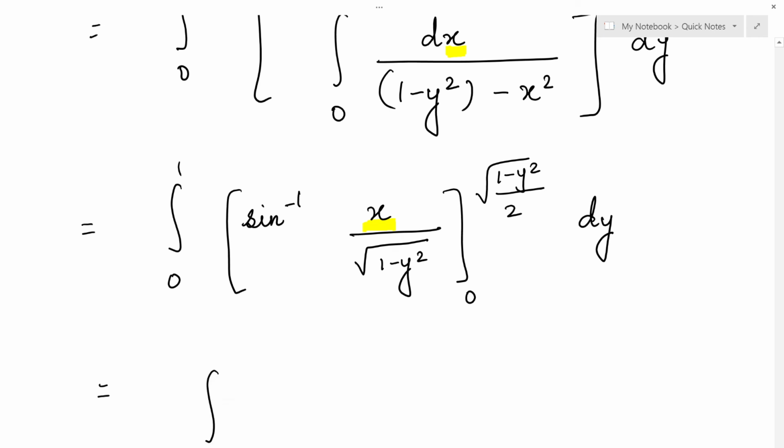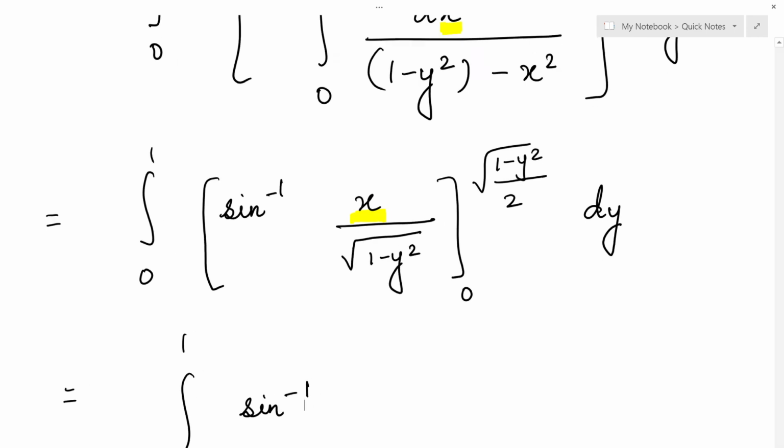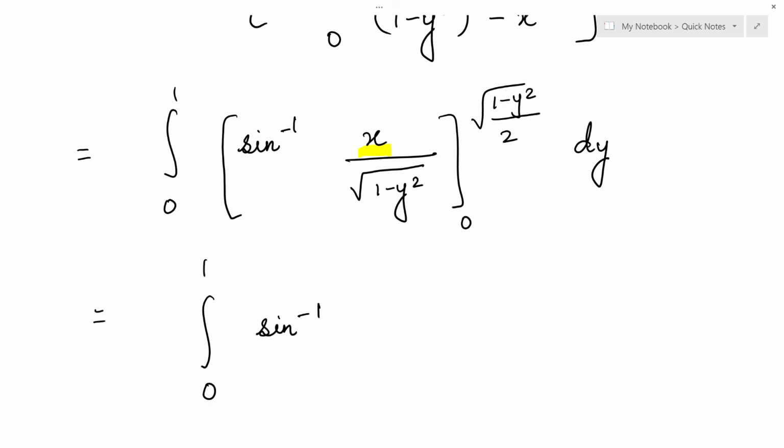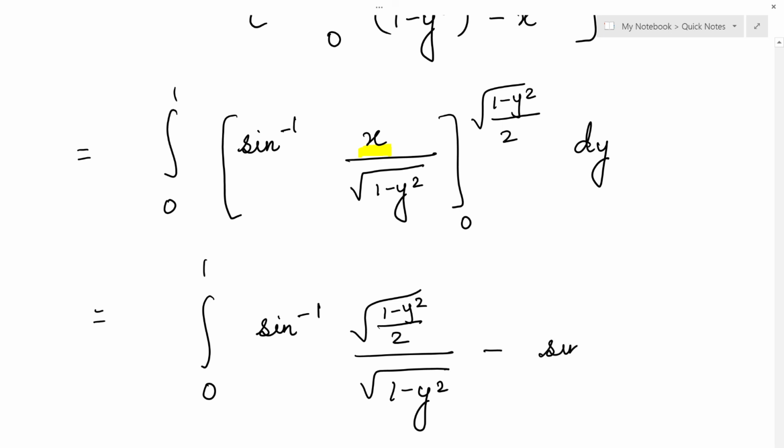So this will be 0 to 1. Sine inverse of, first let me substitute the limits. If I substitute the limits, the under root of 1 minus y square will get cancelled. But still, I'll substitute the limits and show it to you. So this will be your upper limit, and then minus sine inverse of 0, that is the lower limit.